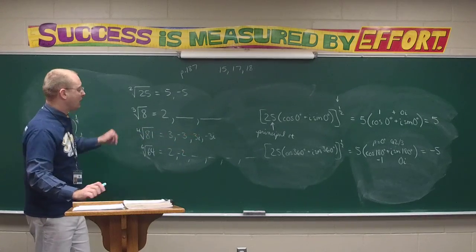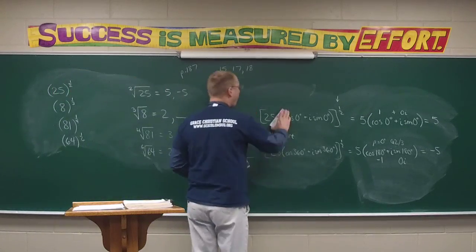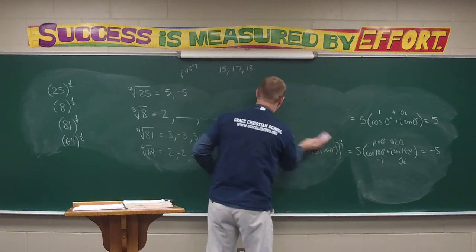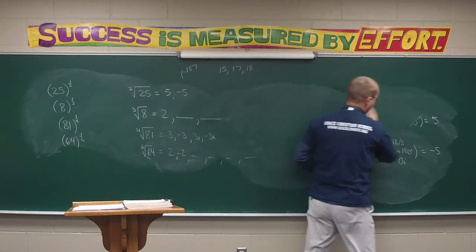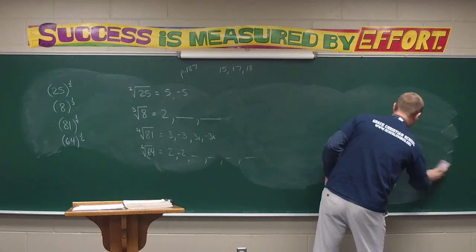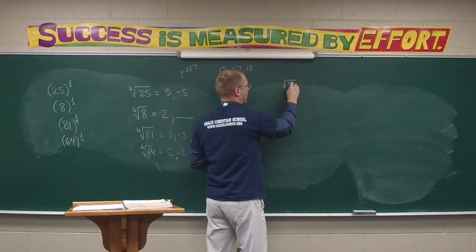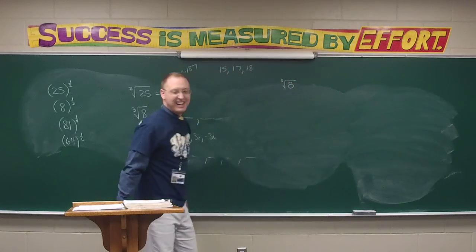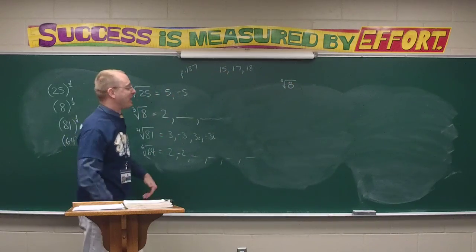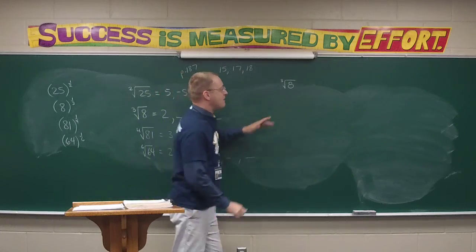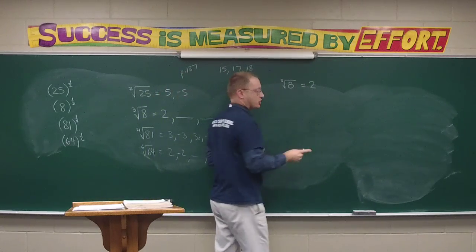So on your paper, let's go ahead and take the cube roots, all 3 of them for the first time ever, of 8. The 3 cube roots of 8. Now, as a reminder, if the problem simply said cube root of 8, it means the principal cube root of 8, which is just 2.